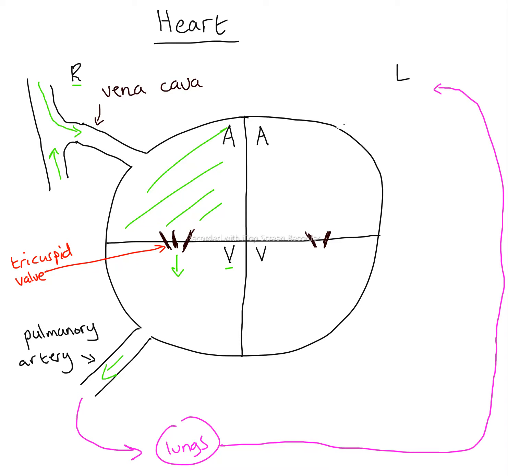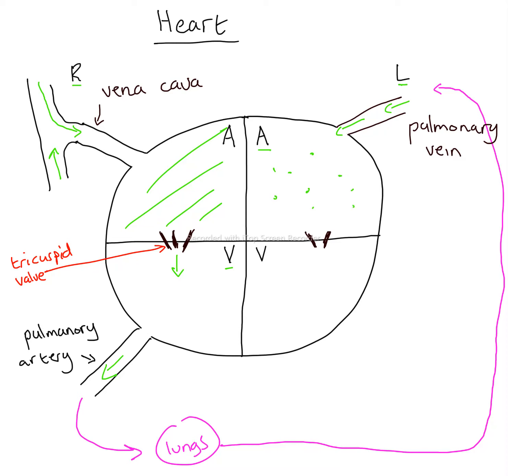It then comes into the top chamber here, and that is called the pulmonary vein. So what happens? Blood comes in fully oxygenated into the left atrium. So you've got oxygenated blood here.